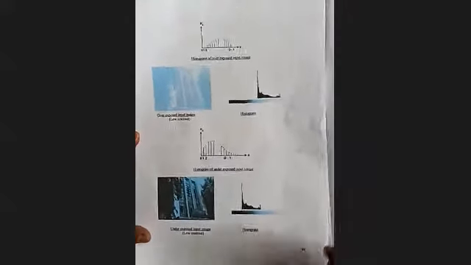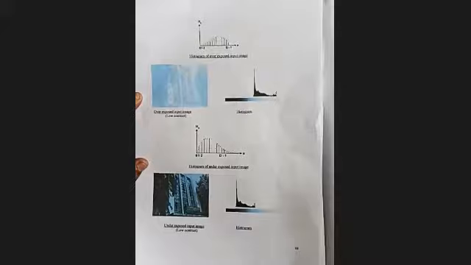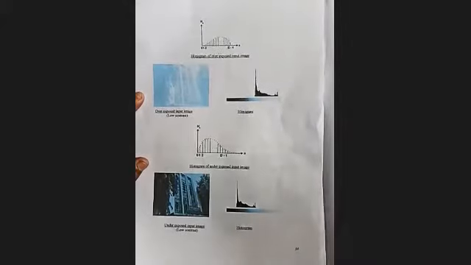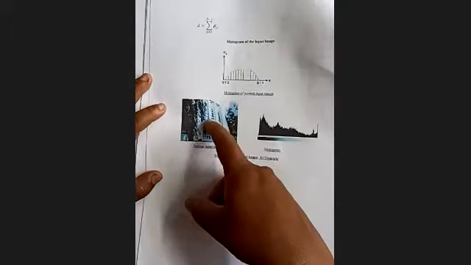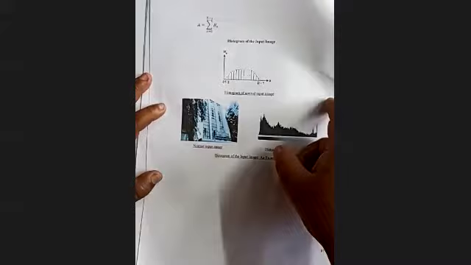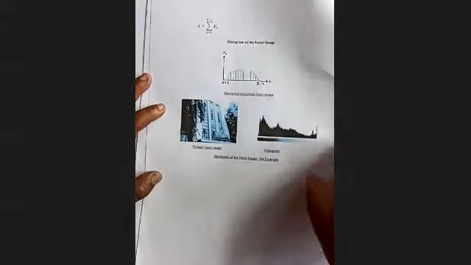I want to show you this. It's a printout of this, and I will give you the PDF copy of that. This is the image of our department, and that is the normal histogram.